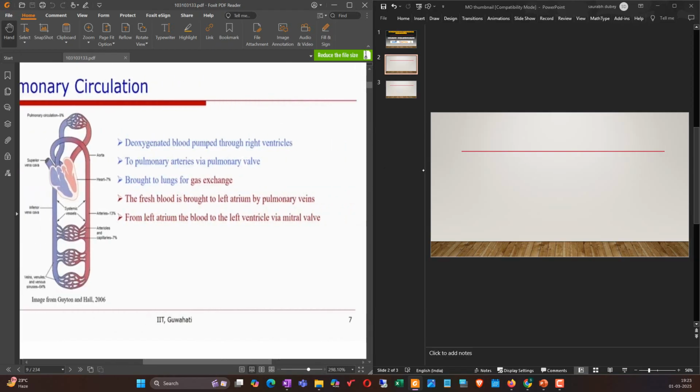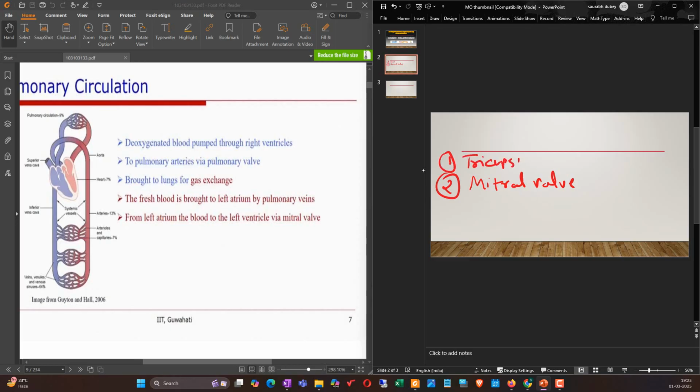One is the mitral valve. Okay, and one was what?